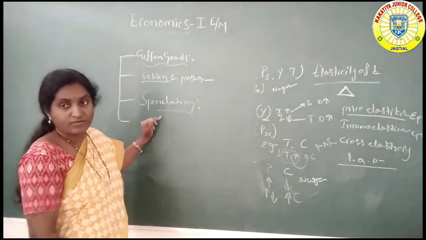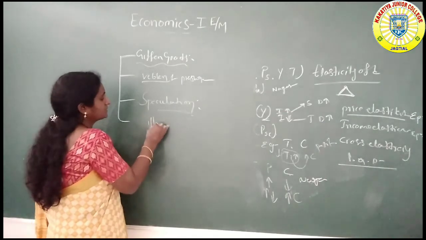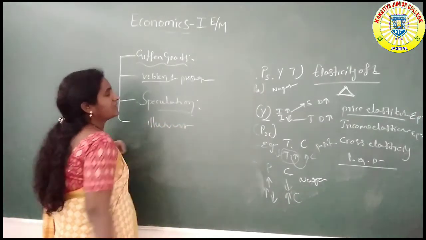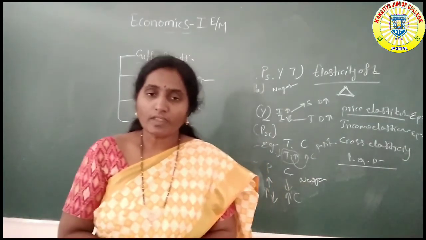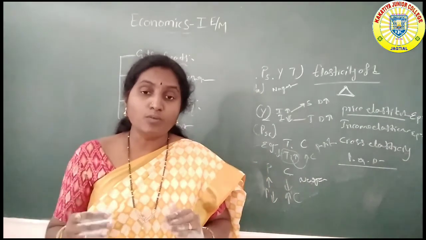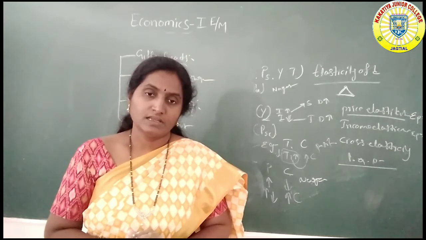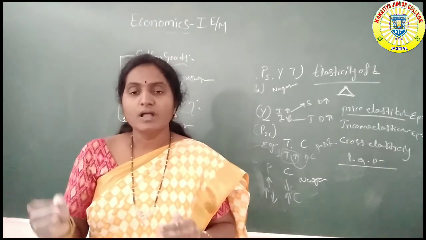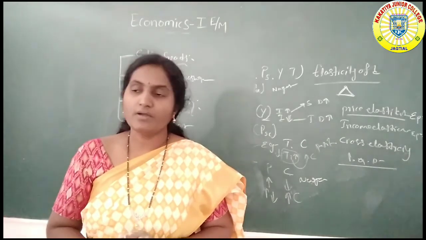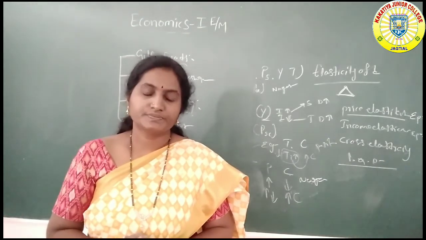And illusion is also one of the important ones. Illusion means the consumers have some illusion: goods that are more costly are branded goods, and goods that cost less are inferior goods.